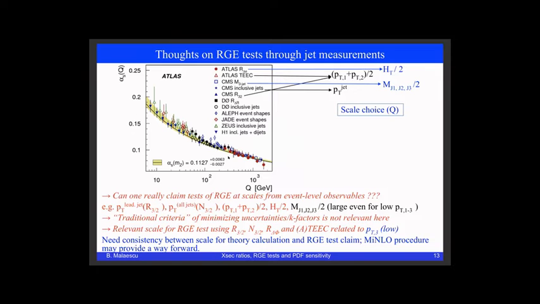I think it is a little bit more complicated than that, because as we have seen in many examples, the scale variations provide some information about the missing higher orders, but it is not just as simple as that. We have seen many examples where a scale variation at NLO, for example, doesn't cover at all the difference with respect to N2LO, for good and well understood reasons.